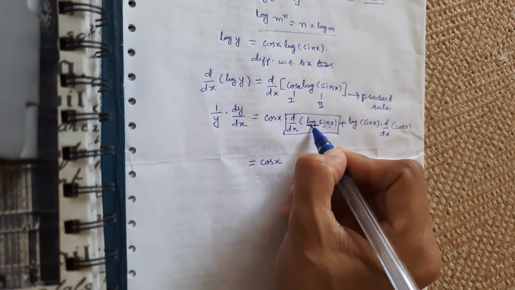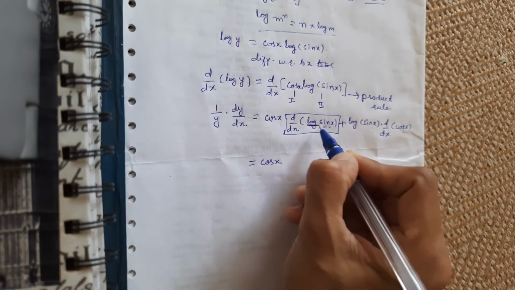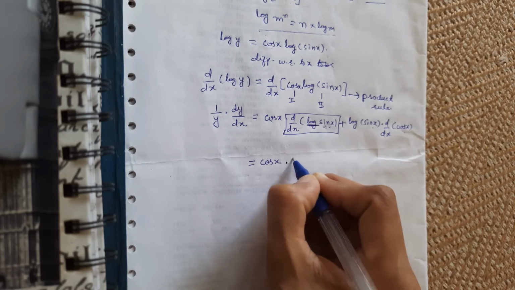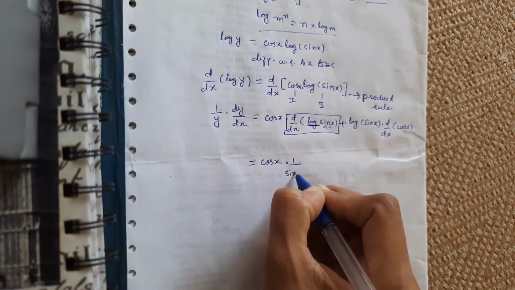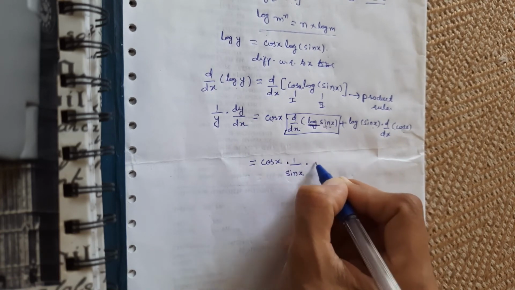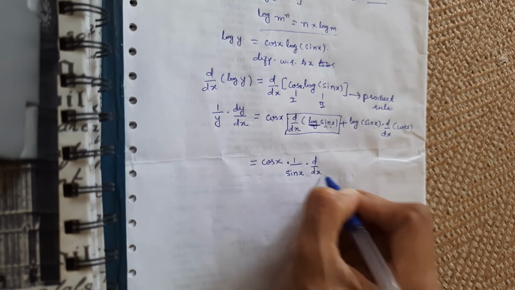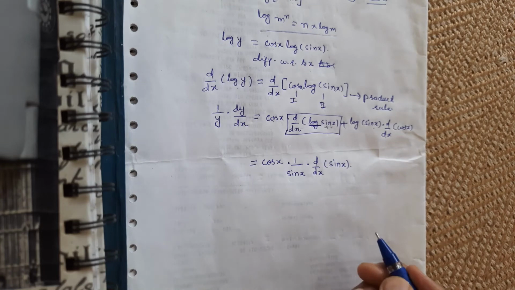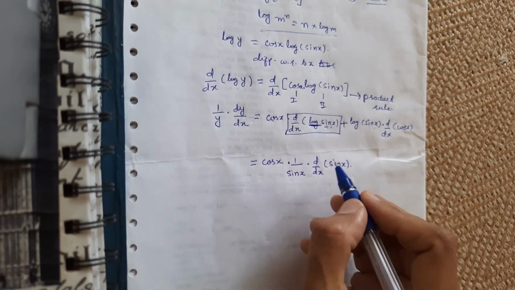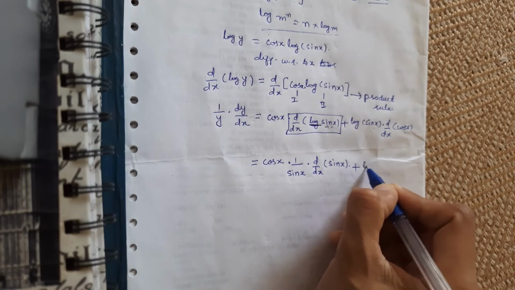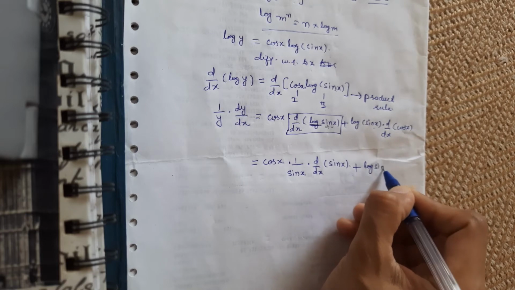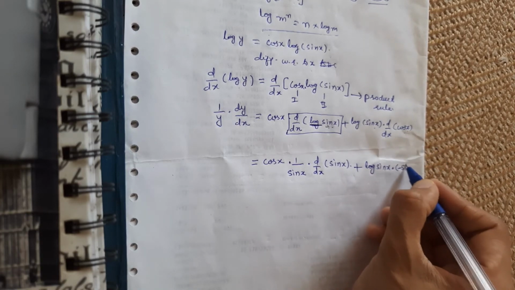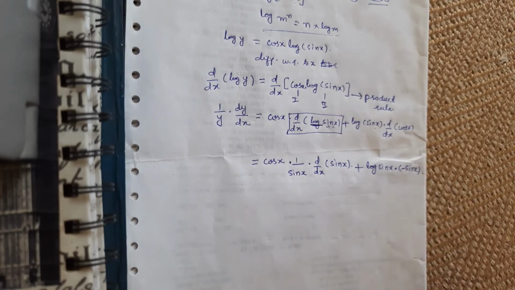So here the derivative of log sin x will be 1 upon sin x, multiplied by the derivative of the inner function, which is sin x. Okay, this is the derivative of the composite function, plus log of sin x as it is into the derivative of cos x, which is minus sin x.